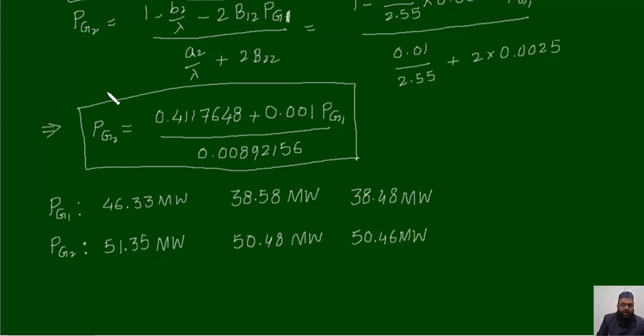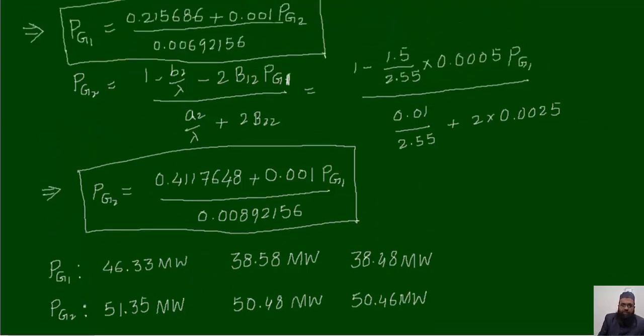Similarly for next iteration, again calculate Pg1. So this Pg1 will be calculated by substituting Pg2 as 51.35 megawatt. So we will get Pg1 as this 38.58 megawatt. Now substitute this value of Pg1 here and we will get Pg2 50.48 megawatt and so on.